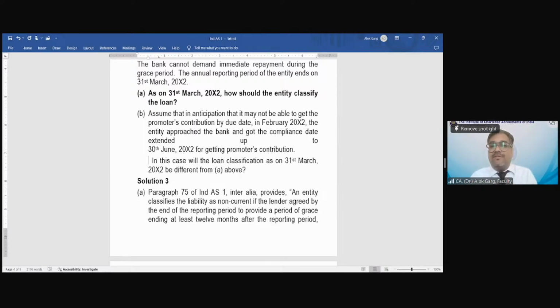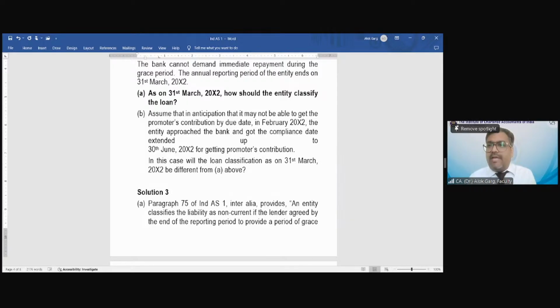Have you understood what is given in the question? The question says that since the promoter has to contribute to the equity, the timeline was 24 March 20x2.